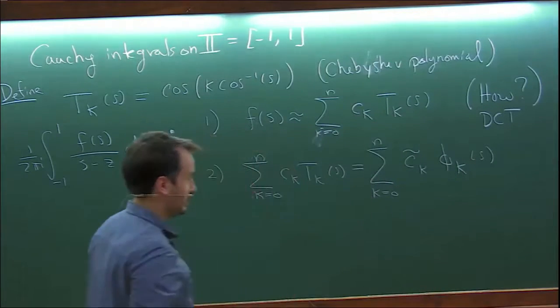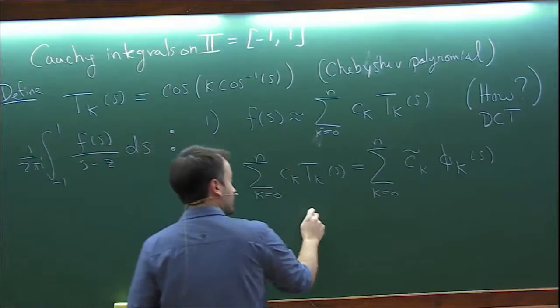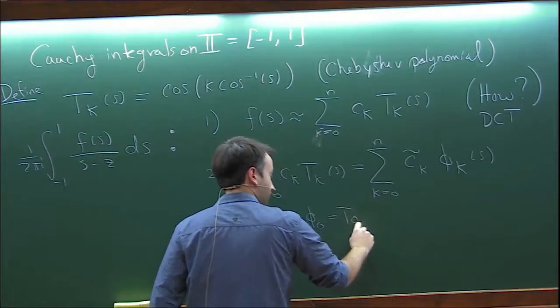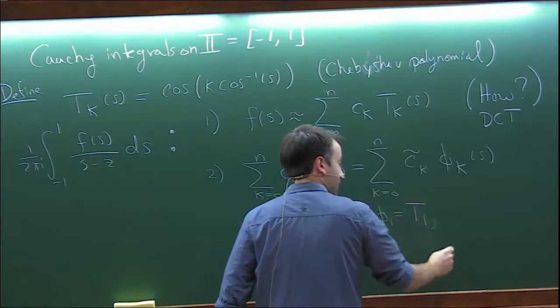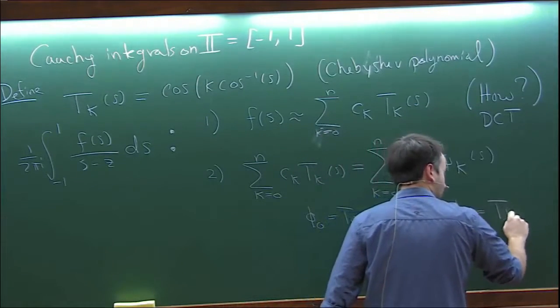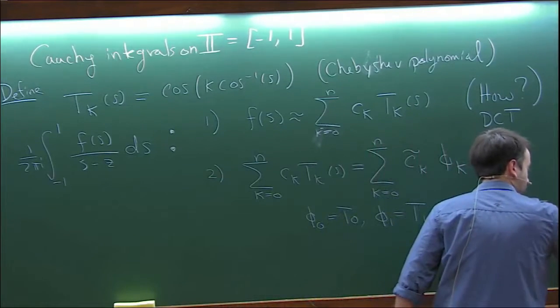This new basis is very simply expressed in terms of the old. We just have phi_0 equal to T_0, phi_1 equal to T_1, and then phi_k equal to T_k minus 2 for k bigger than or equal to 2.